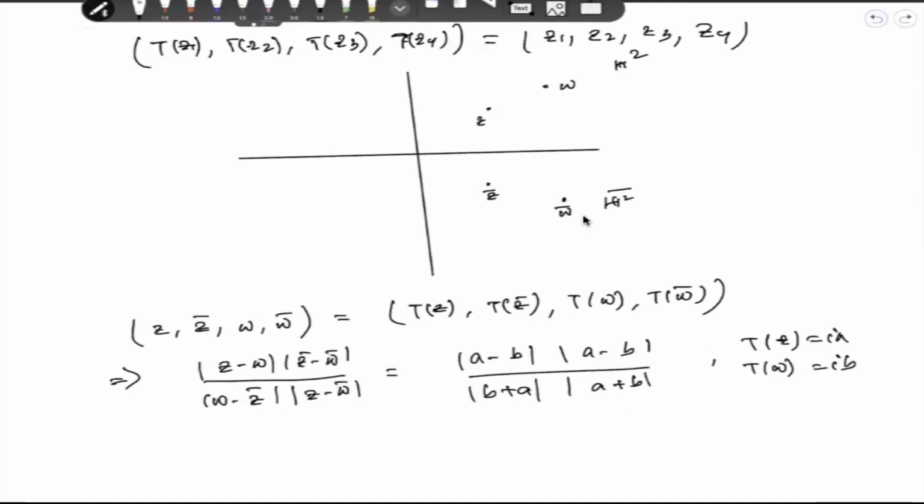So this will imply that mod of Z minus W divided by mod of W minus Z bar is equal to B minus A by B plus A. We can remove the mod here because B is greater than A.